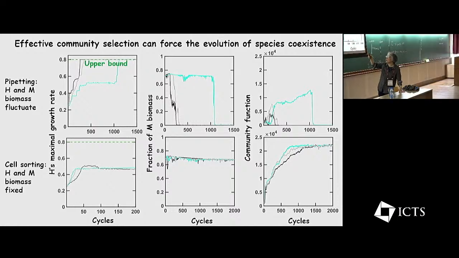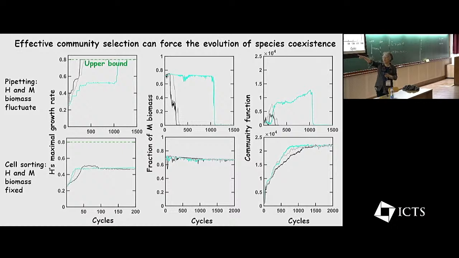So now if we don't control non-heritable variations, if we do pipetting, you can see it fails. H does not show growth restraint. It just grows to the fastest possible value. And as a result, M is outcompeted, and then there's no hope.